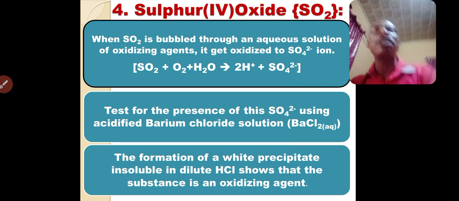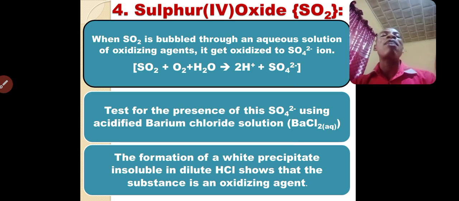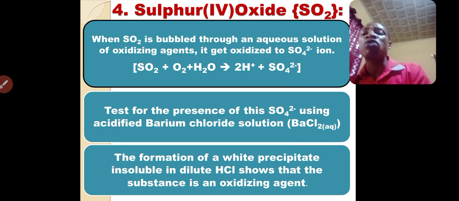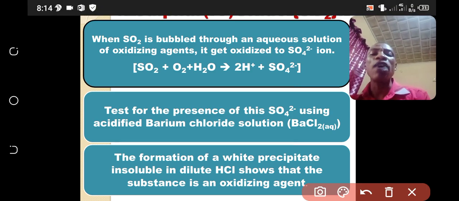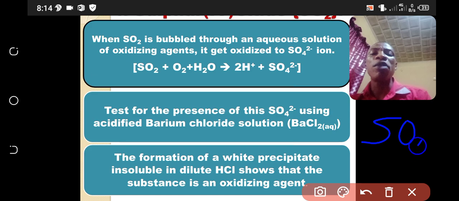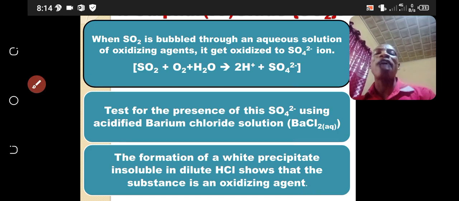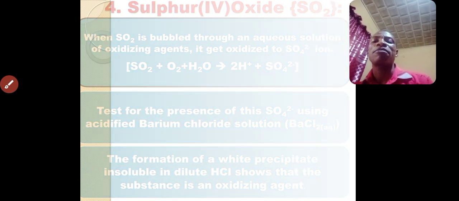You know that already: when you add acidified barium chloride to a solution that contains SO4 2-, a white precipitate will be observed, and this white precipitate will be insoluble in dilute hydrochloric acid.